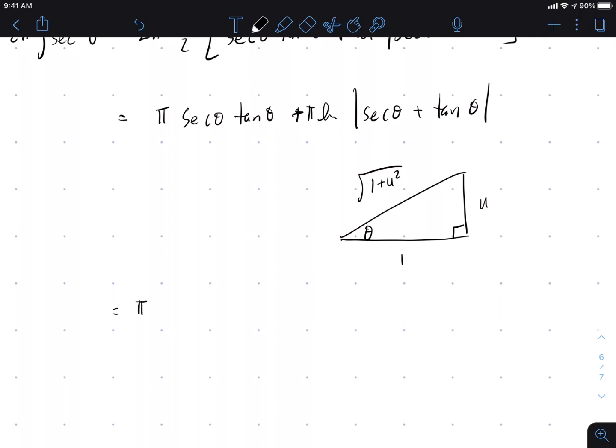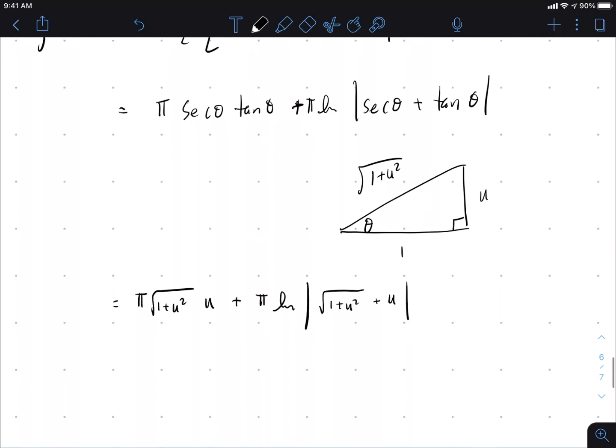Isn't that hypotenuse over adjacent? Correct. So that should be root of 1 plus u squared. Tangent would be u, plus pi ln of root of 1 plus u squared plus u. Agreed? Agreed. Okay. Yes.